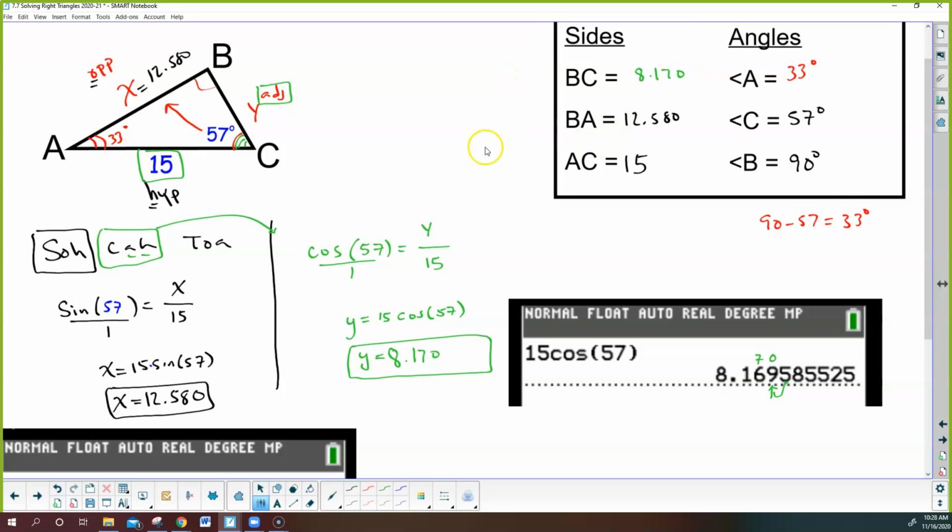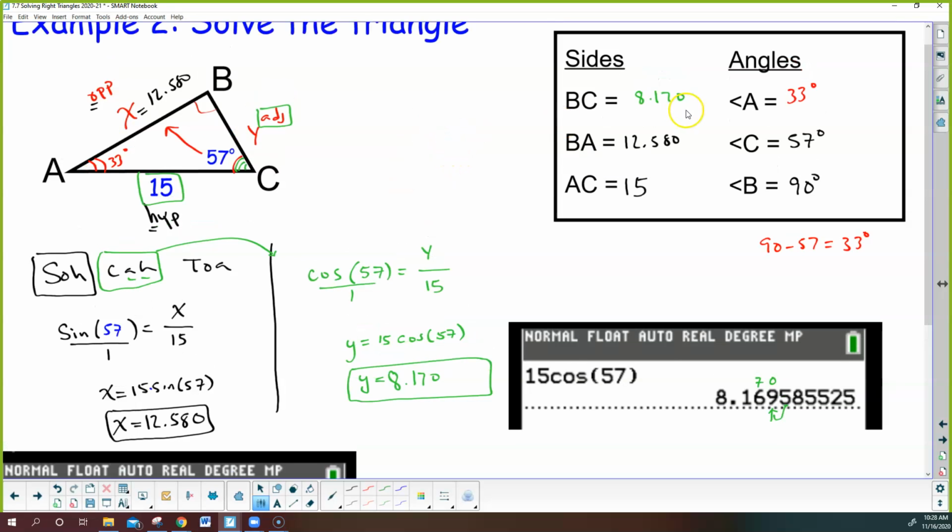Okay. Now, I forgot to point this out with the last example, but there's a reason why I wrote my side lengths and my angles the way I did. I always write the smallest side first, and then what should be across from the smallest side is always the smallest angle. So look, 33 degrees and 8.17. That's the smallest side across from the smallest angle.